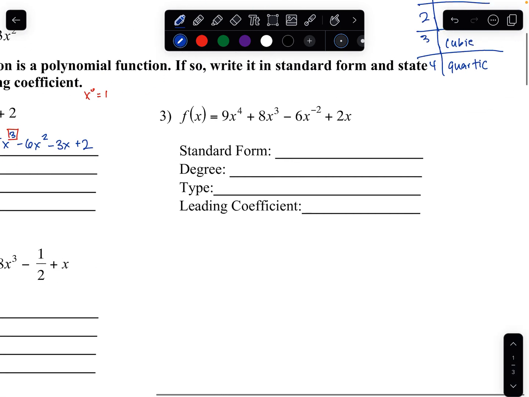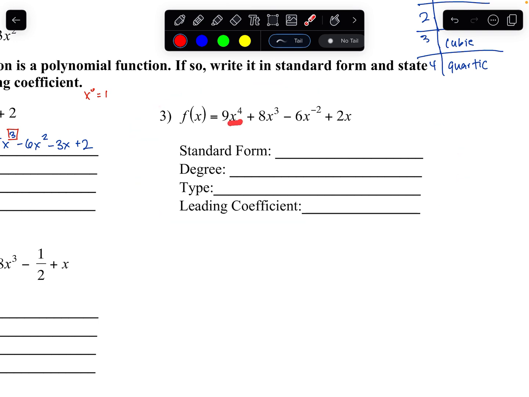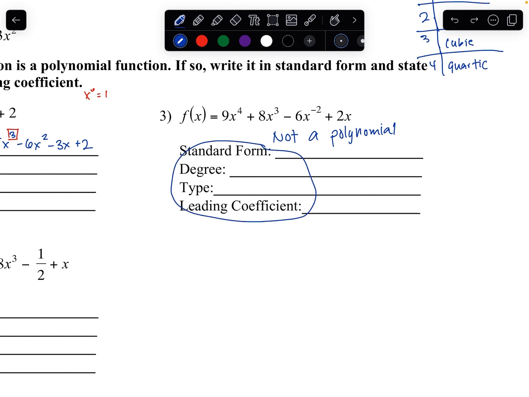Let's try 3. Is this a polynomial? So checking out x, it's to the fourth. That's okay. This x is to the power 3, this x is to the power negative 2. Not a polynomial. If it's not a polynomial, then none of this information really applies to it.